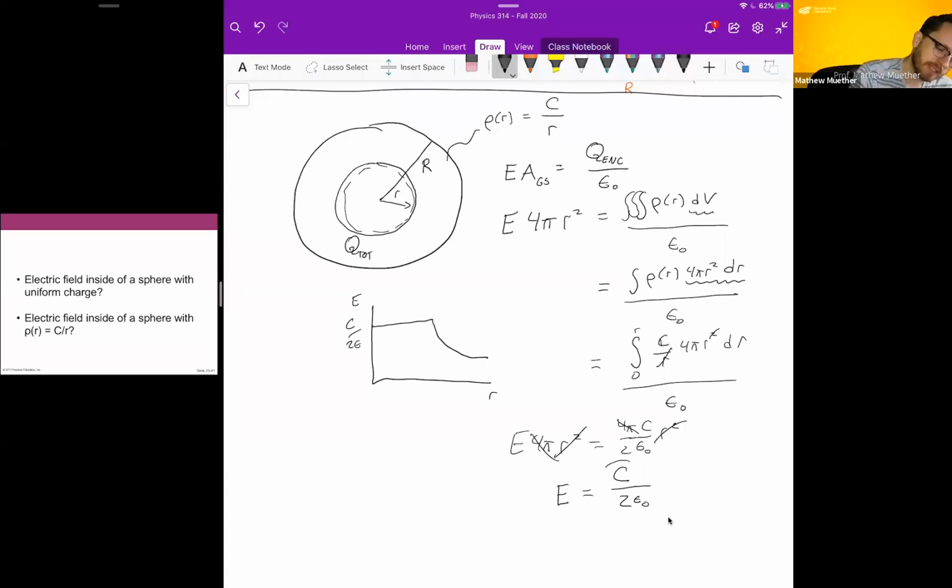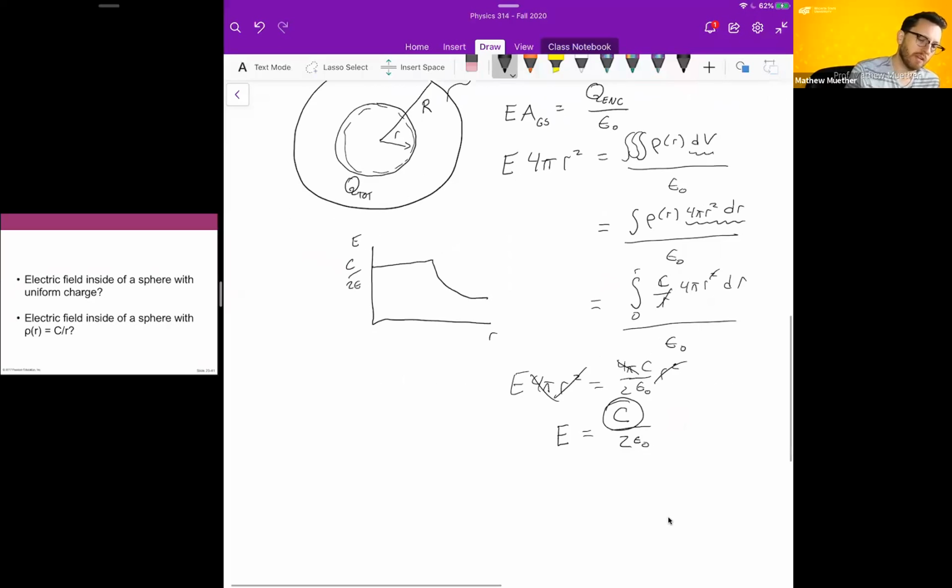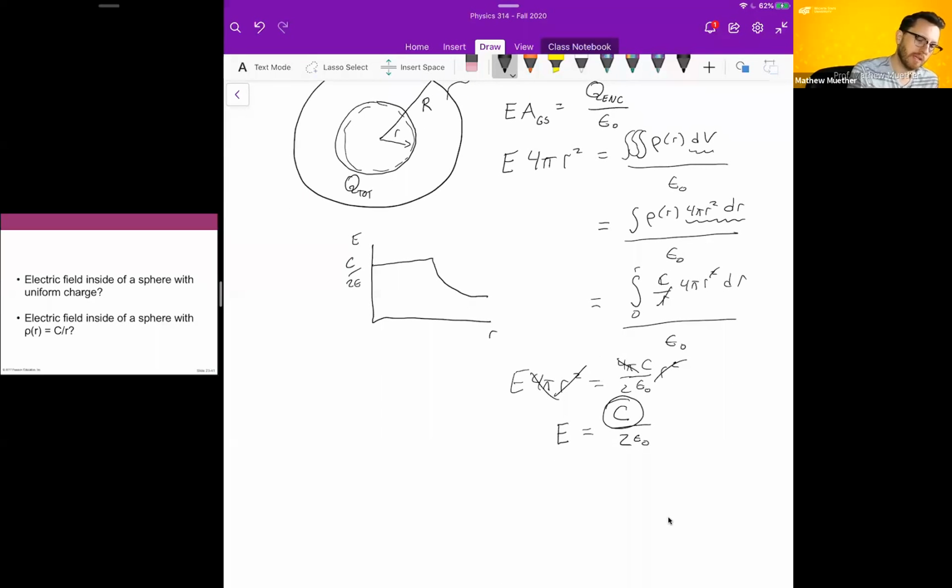Now, what about C? We could also find C in terms of the total charge. That's just a physical constant. We can see the functional form. We could also find C, because I know that if I integrate that density over the entire extent of my sphere from 0 to big R, this had better give me the total charge on the object.